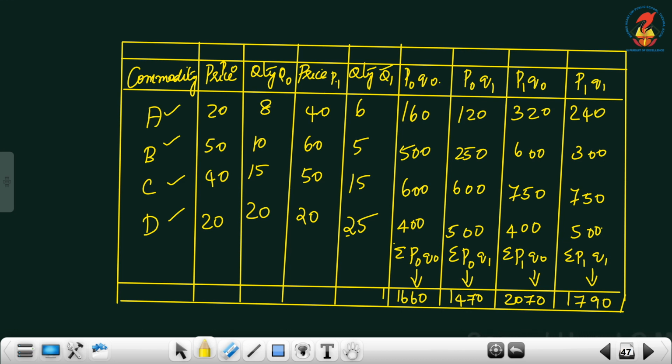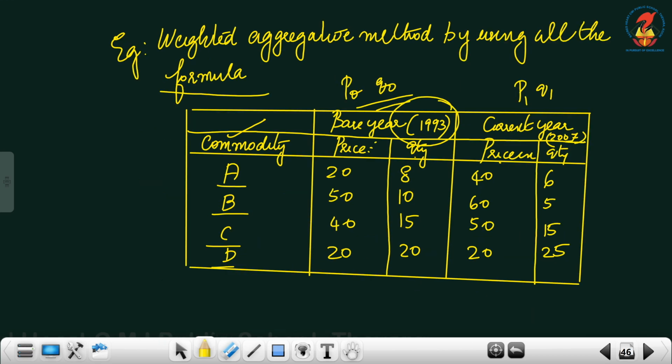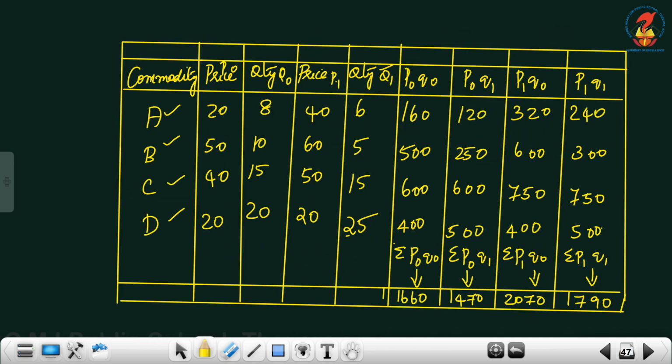Then as per the formula we have done the calculation here. Now see, as per the Laspeyres formula, P1 Q0, P0 Q0. So what are the terms that we need? P1 Q0, P0 Q0, isn't it? Now as per Paasche's, P1 Q1, P0 Q1, isn't it?